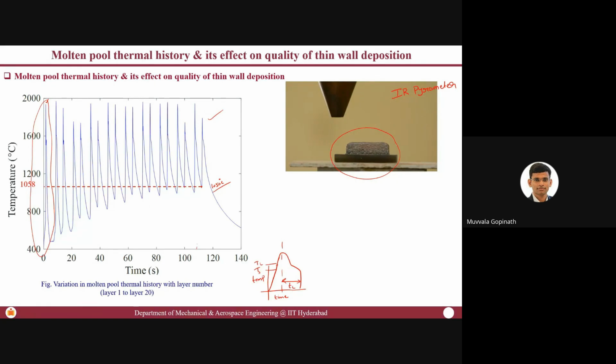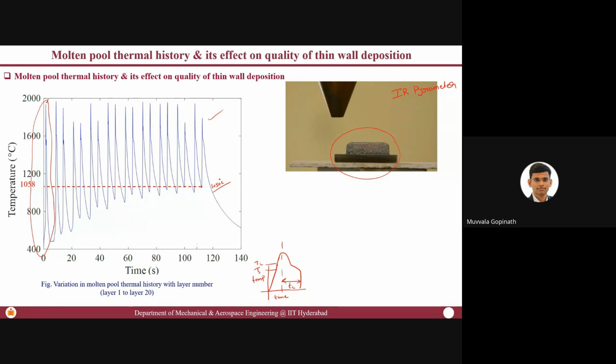In the powder bed fusion process, this problem is relatively controlled. The reason is that in powder bed fusion, first you spread a layer of metal powder on the base plate, then the laser comes and scans the required locations and melts them. Then again a fresh layer of powder is spread, and again the laser scans.